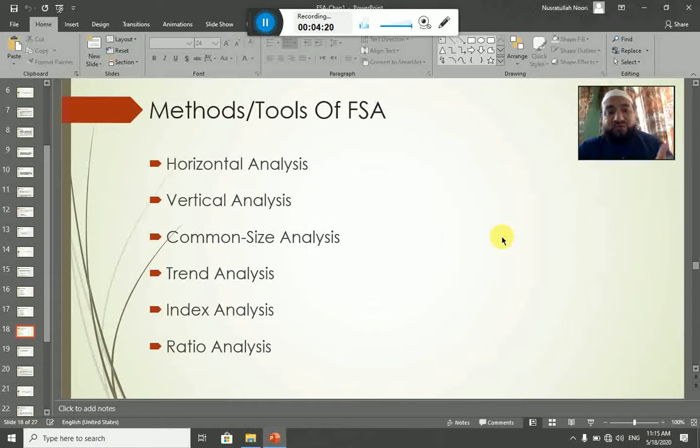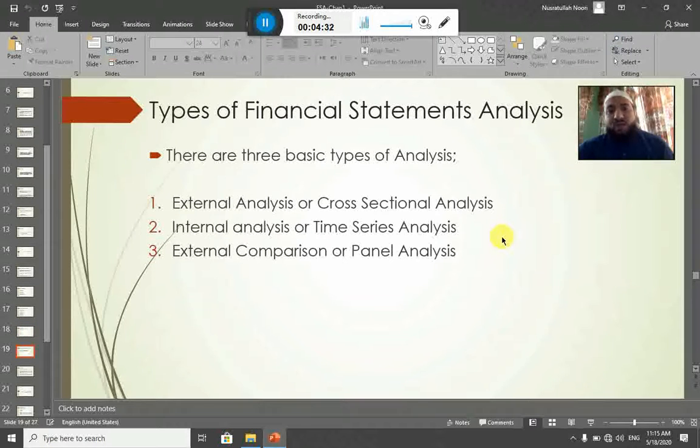So all of these six are different financial analyses, which combined are called the financial statements analysis, right? Now these six methods can be used in three different ways: to do internal analysis, to do external analysis, and to do external comparison.